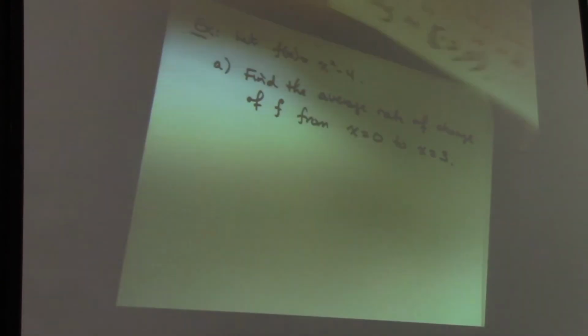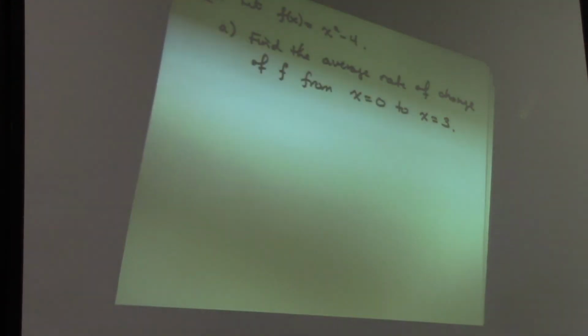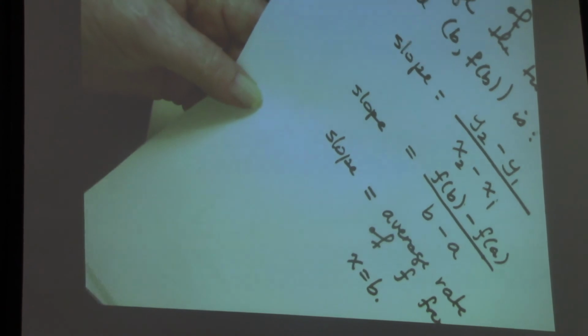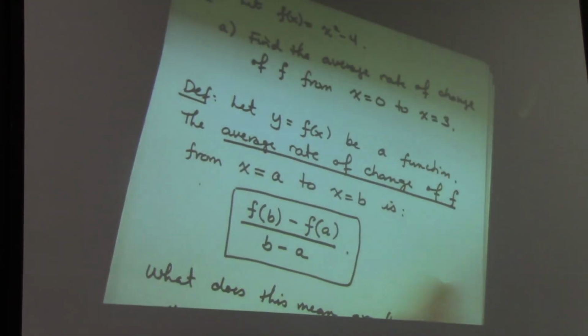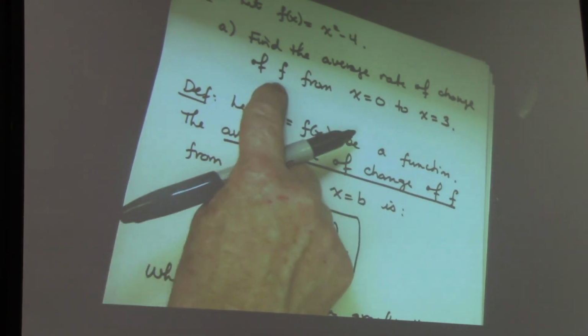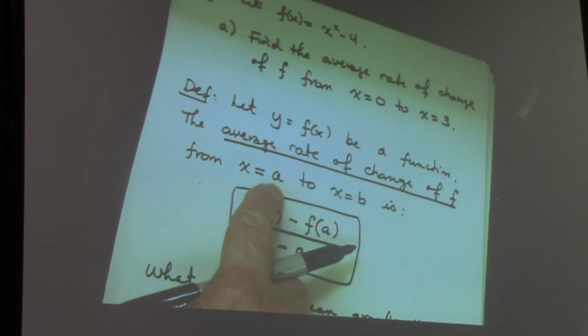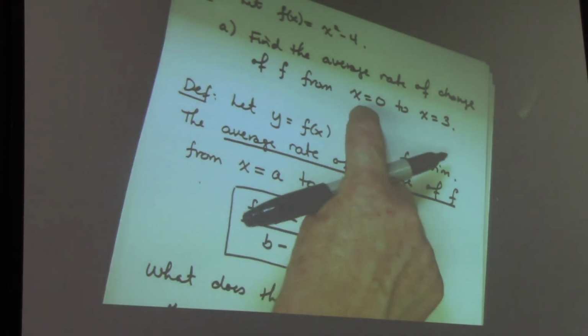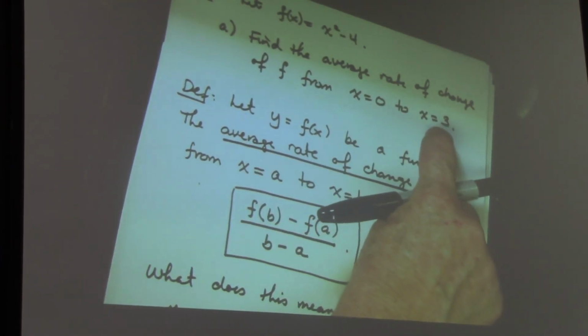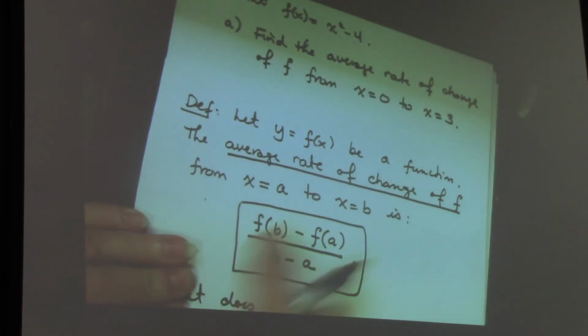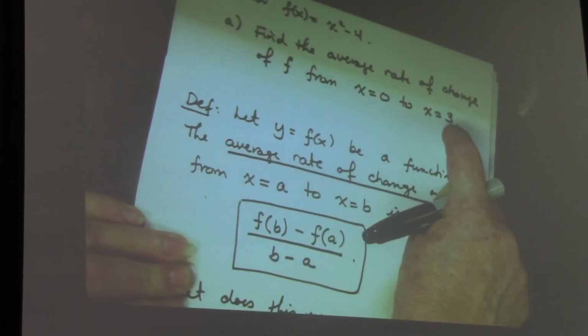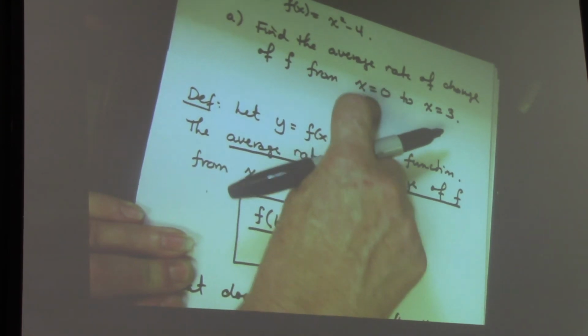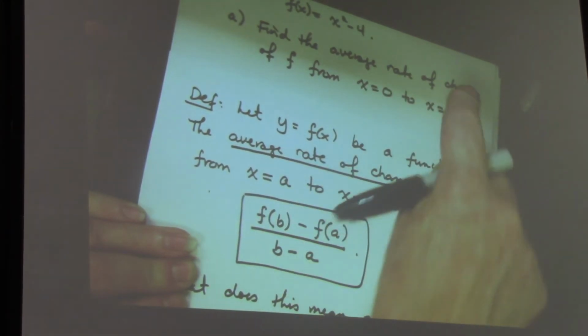By definition, the average rate of change of some function from x equals a to x equals b, here a is 0 and b is 3, is f of the second number minus f of the first number, so f of 3 minus f of 0, over 3 minus 0.